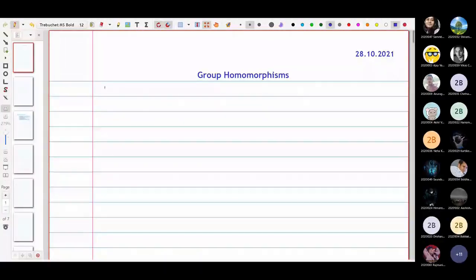Definition: let G1 and G2 be two groups. One more thing, G1 and G2 may not have the same operation, they may have different operations.